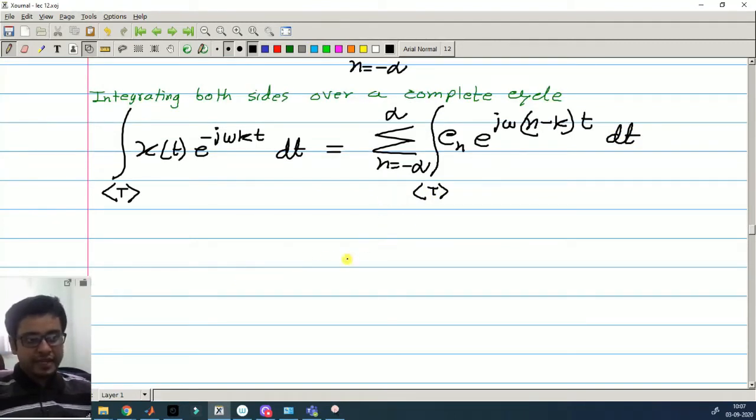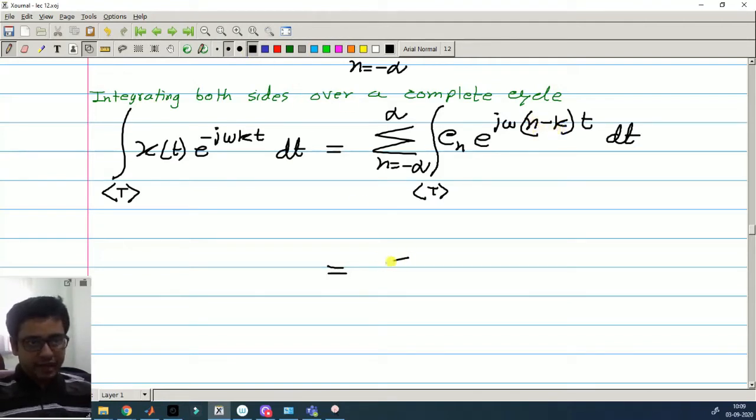Now I am telling you that among this infinite number of terms here, almost all of them will become zero and only one will survive. Which one? The one where n minus k is equal to 0. That means when n is equal to k.